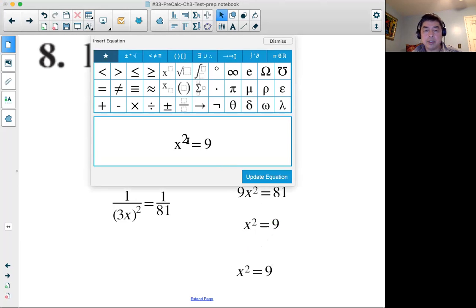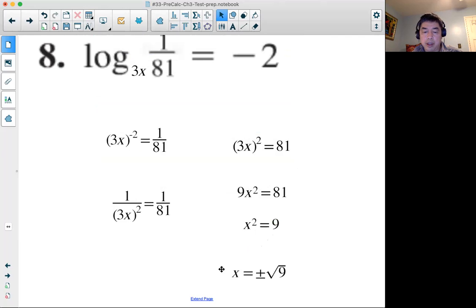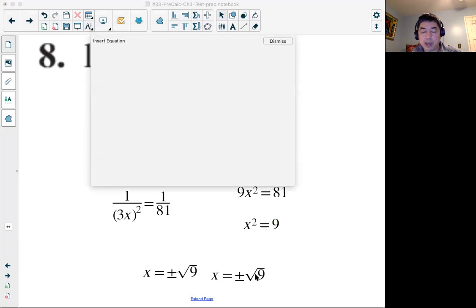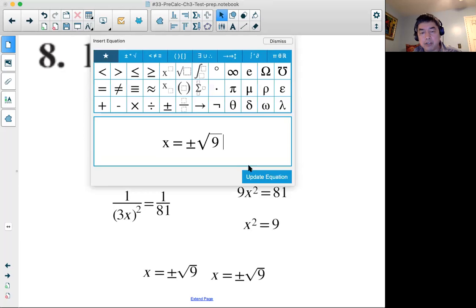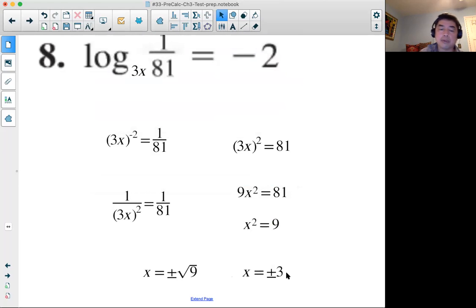So let me write down, this is supposed to be the square root of 9, right? Which is plus minus 3. And let me add, if it's okay to put the negative information. Let's see. It might not work. So plus minus 3, if it's algebra 1.